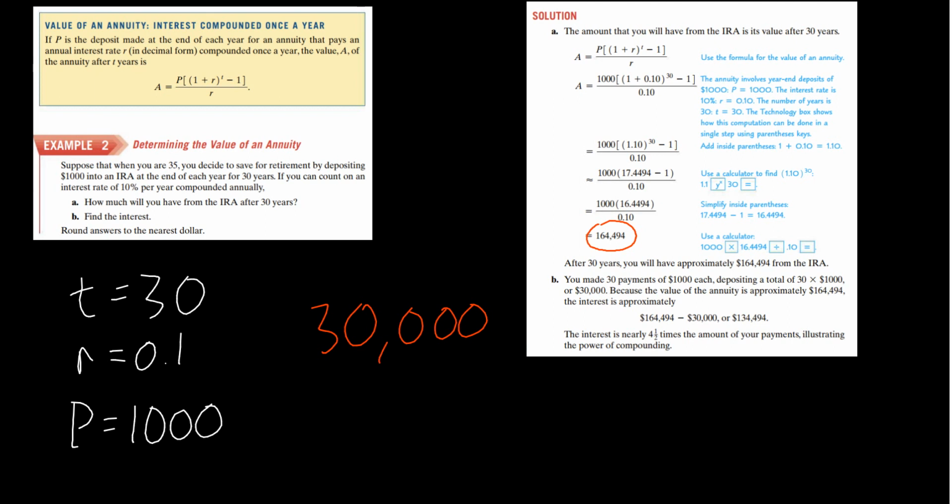So all we have to do is figure out 164,494 minus 30,000. And so we see that my interest on this account was $134,494. And I mean that's pretty darn good for 30 years.